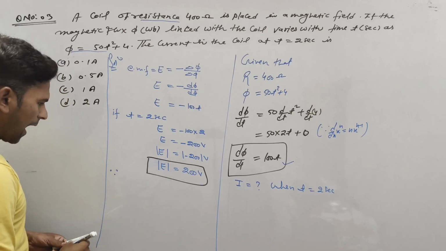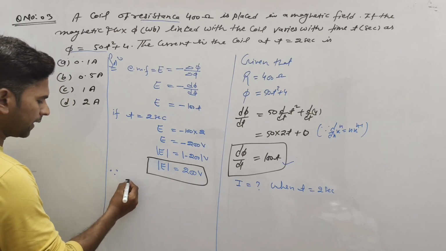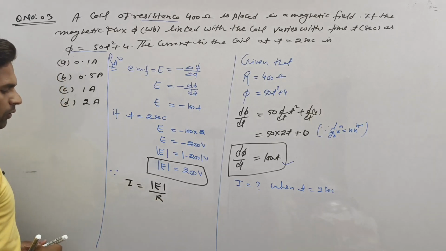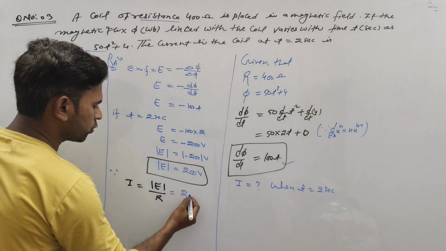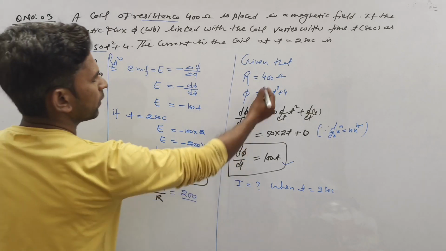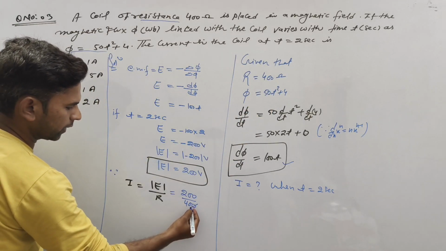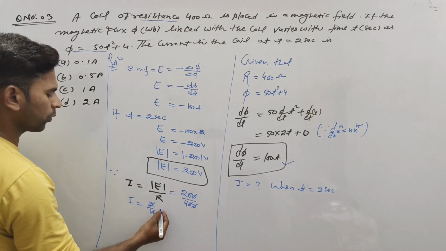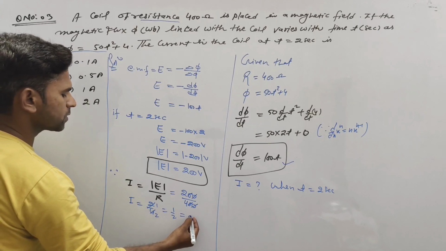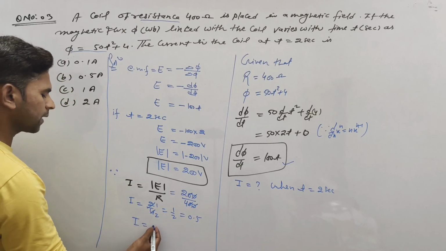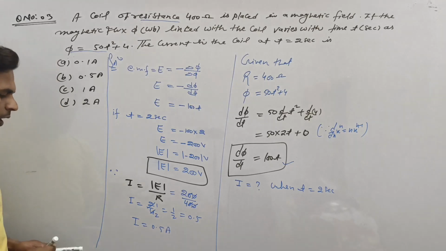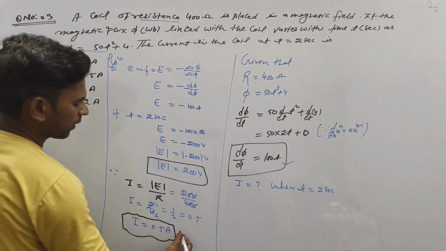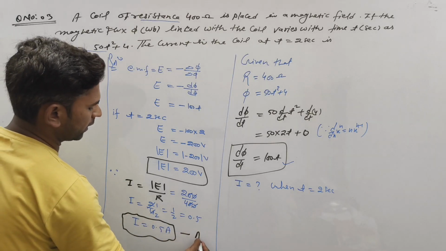So I is equal to induced EMF divided by R. Now you can just put the value: 200 divided by R, which is 400. So the 400 and 200 cancel. I is equal to 2 by 4, it means 1 upon 2, which is 0.5. So I is equal to 0.5 ampere is the final answer, the value of current. You can just write it here like this.